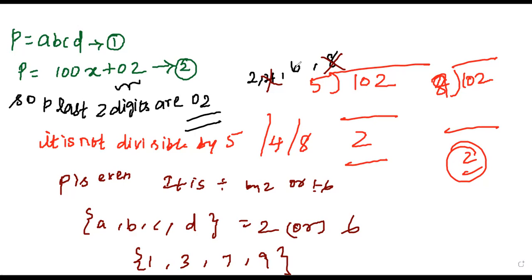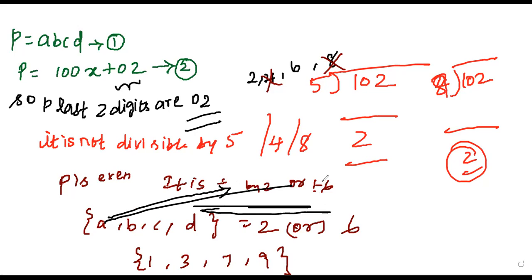So you do have the remaining digits 1, 3, 7 and 9 for the rest of the 3. Right. So let's take 2 or 6 first. We'll try to solve it. You do have A, B, C, D. Let's assume A as 2 and A as 6. We'll try to solve it.